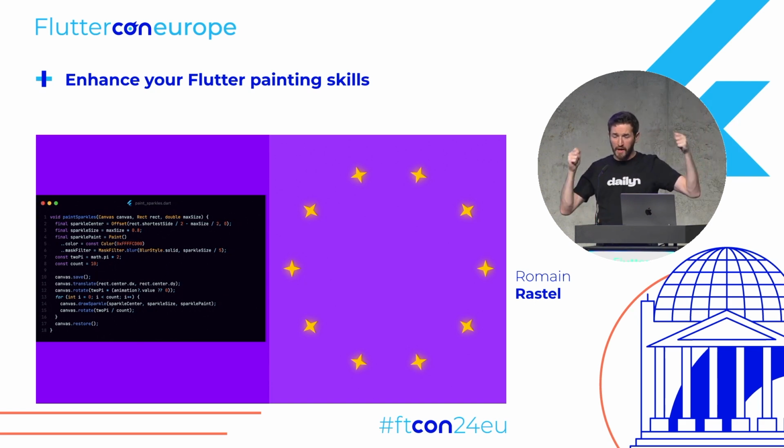So we draw a sparkle at a specified offset, which is sparkle center here. Then we rotate the canvas. We draw the sparkle again and again at the same offset. And we rotate it again and again. And yeah, we iterate until we reach the number of sparkles we want to draw. And then at the very end, we call the restore method on the canvas.